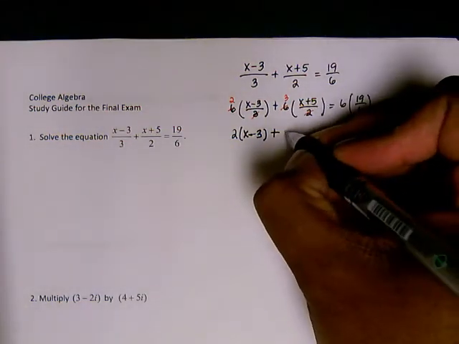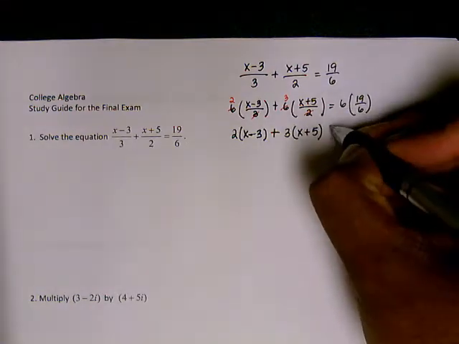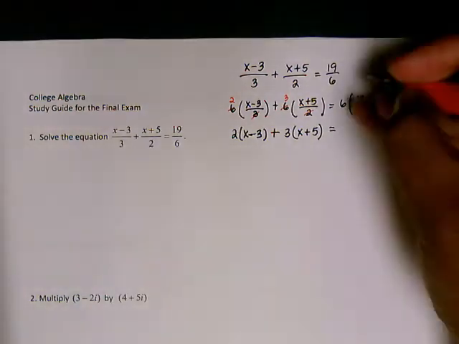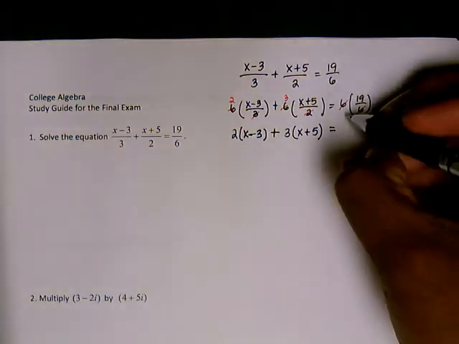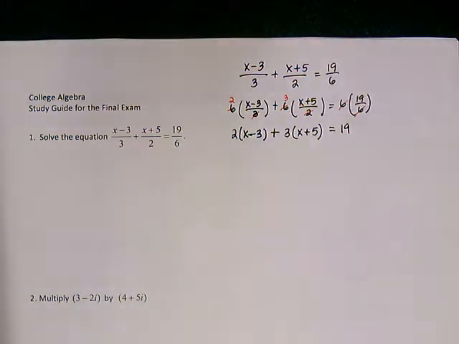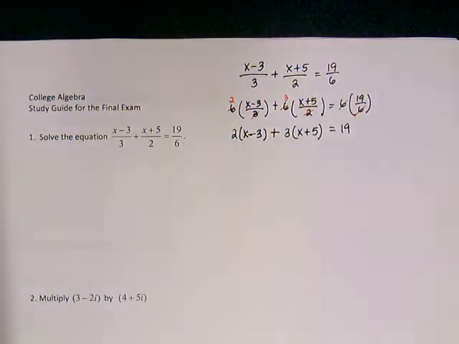So now you've got 3 parentheses x plus 5. That's equal to, then these 6's divide out, where you've got 6 times 19 over 6. That'll give you 19. So now you've got 2(x minus 3) plus 3(x plus 5) equaling 19. So here I've got an equation that I can easily solve for x.